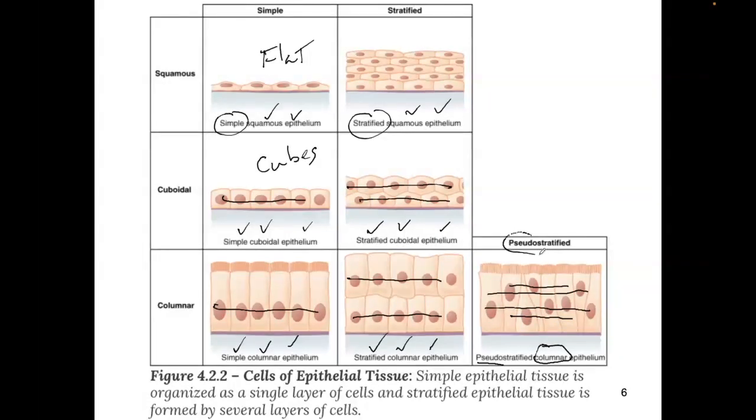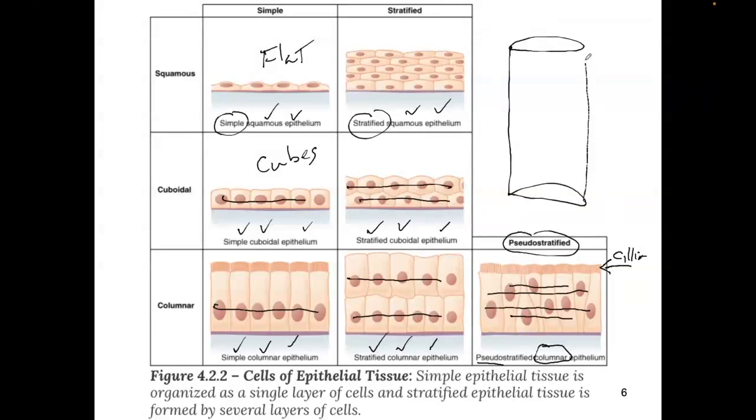And usually where we have pseudo-stratified, we have something else right here, and those are called cilia. These little brush hair-like structures here. And these beat rhythmically. So here's a tubular system.